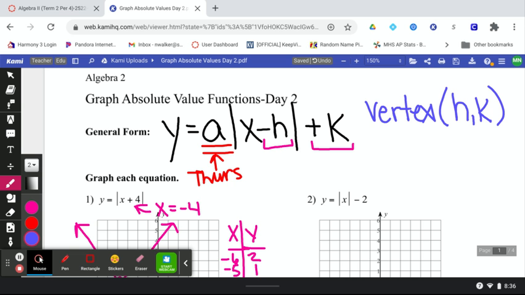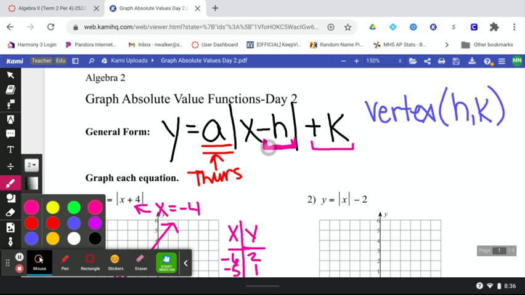Now I do have to ask you, in this general form, what kind of h is it, a negative or a positive? It's a negative here, but what do you see over here, where I wrote vertex in parentheses? Is it a positive h or a negative h? It should be a positive. So it switches signs, just for the x-axis.